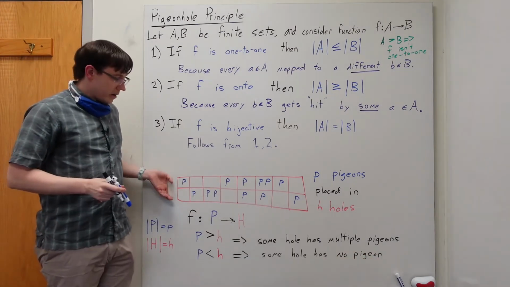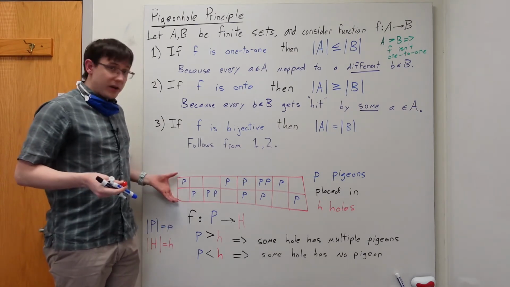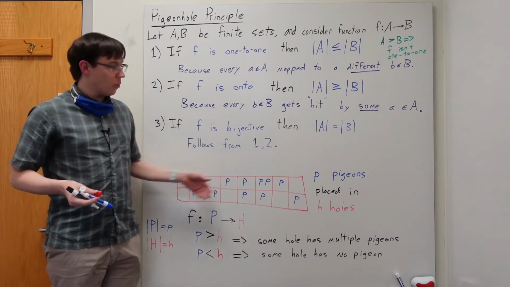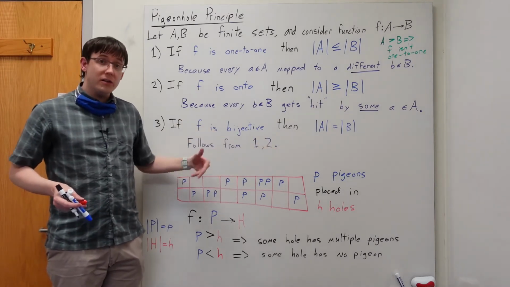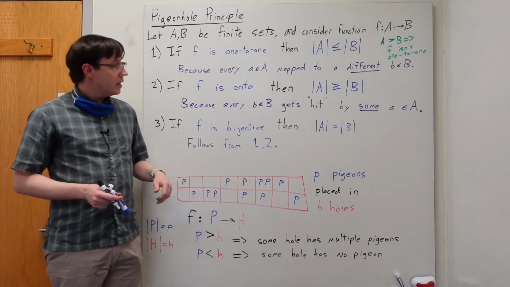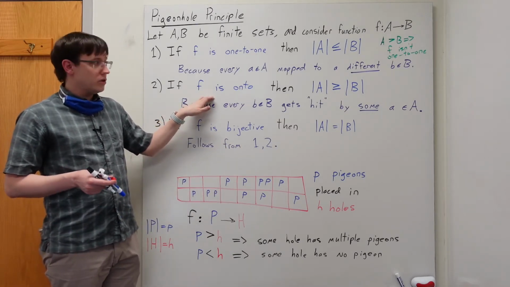On the other hand, if there are more holes than pigeons, then we don't have enough pigeons to put one in every hole, and so there must be some hole that contains no pigeon. And this is the contrapositive of number 2.